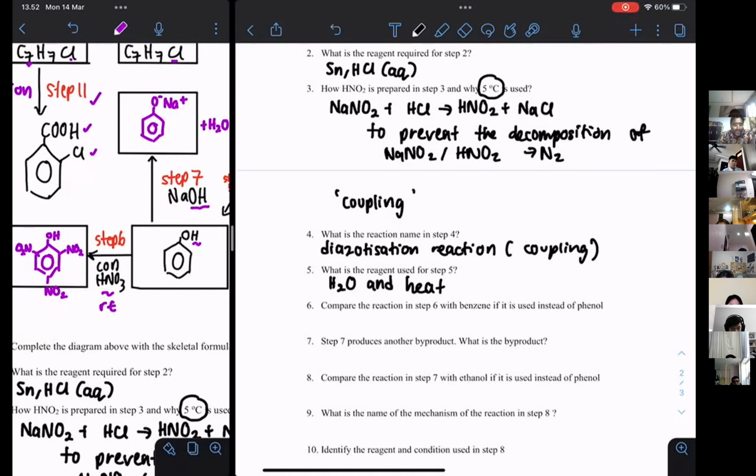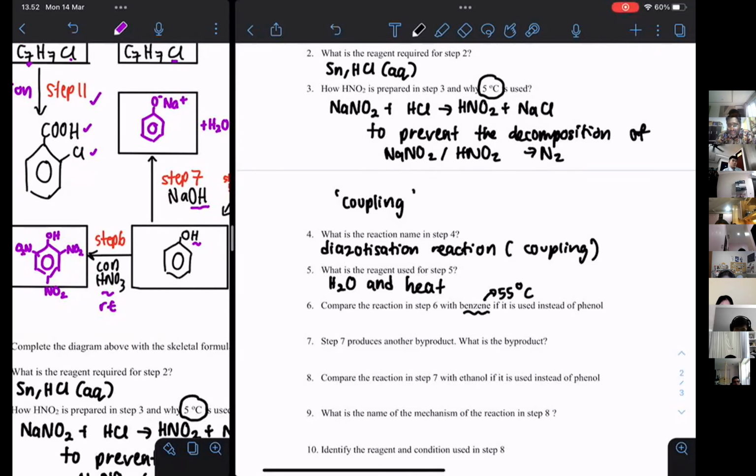Do you think there will be a reaction? Yes. Okay. Yes, only when what? If you use benzene, benzene will react only when what? Only if it's concentrated. I think you forgot the main important thing.